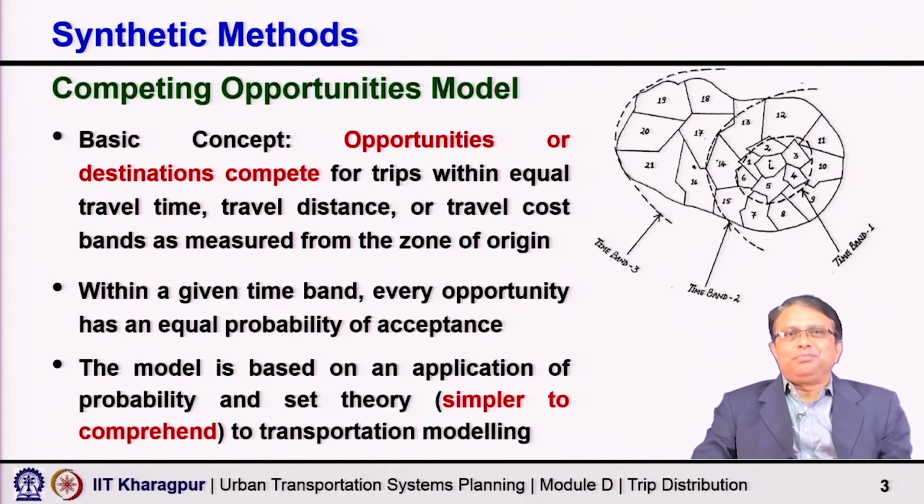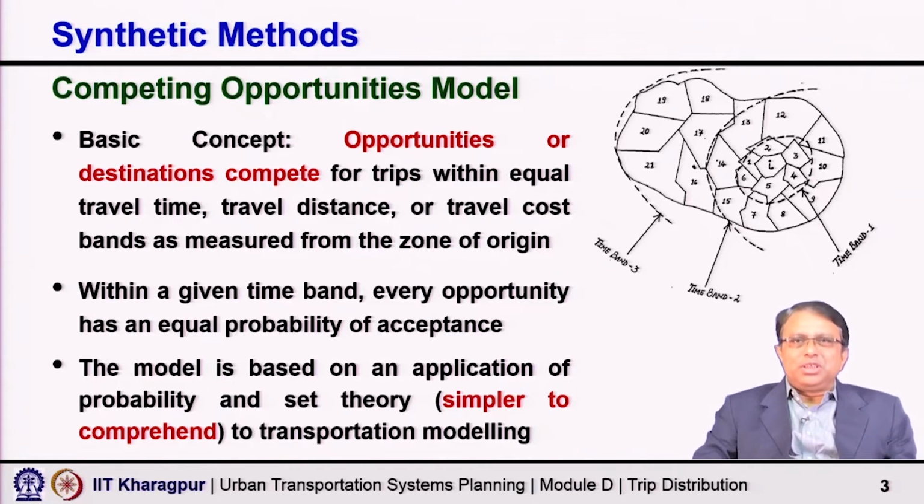Now, with this, let us take another kind of model, what is called competing opportunities. Here again we are talking about opportunities, you know the concept, but we are saying competing opportunities. So, what is competing?